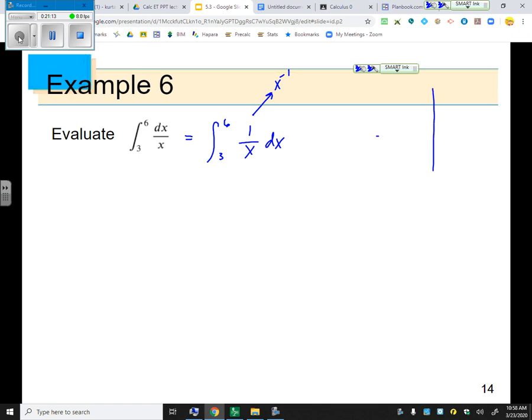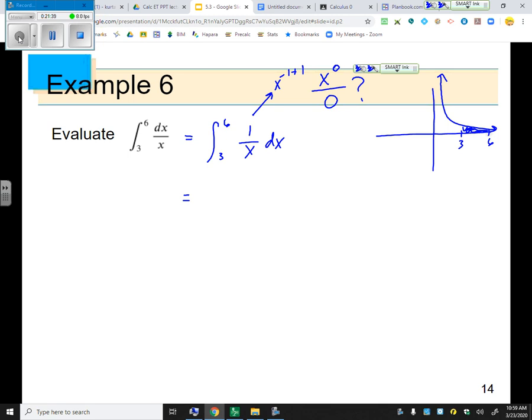So, again, what we used to do was we had the reciprocal function, and we found the area under the curve from 3 to 6. We had all the approximating rectangles. Now, we can just use an antiderivative. So I want to take the antiderivative of 1 over x. Well, if I raise the exponent by 1, it gives me x to the 0, and if I put it over the new exponent, something really weird goes on.